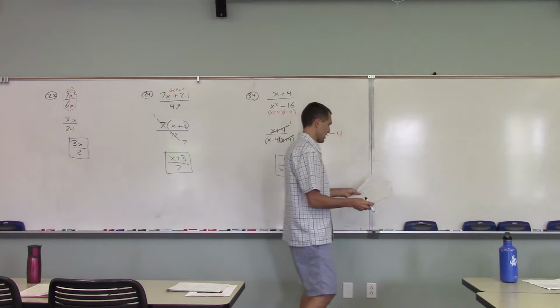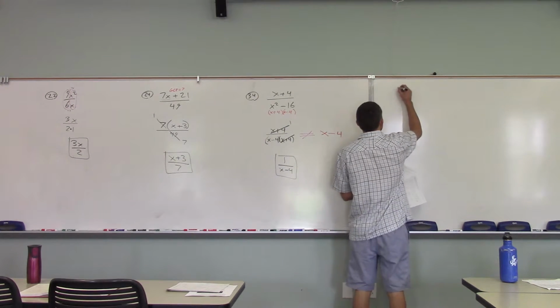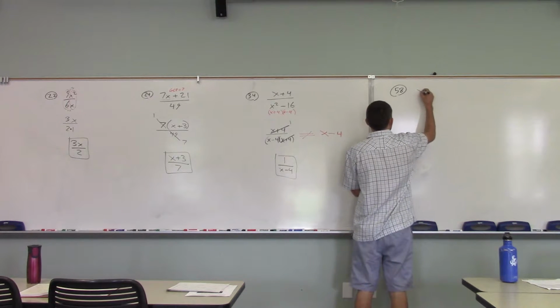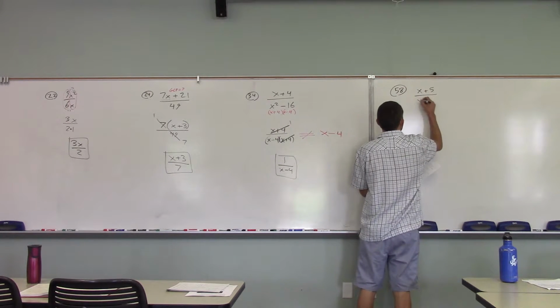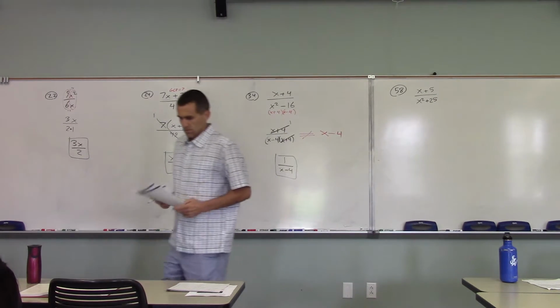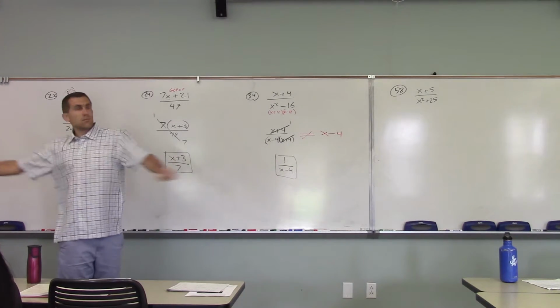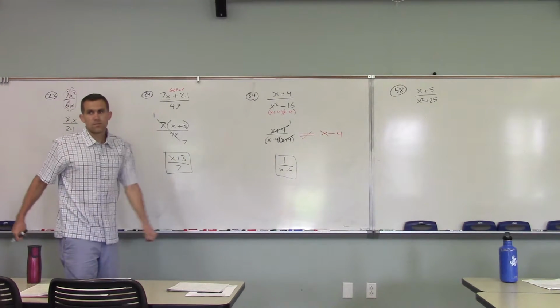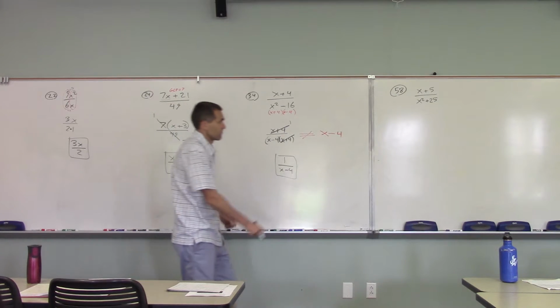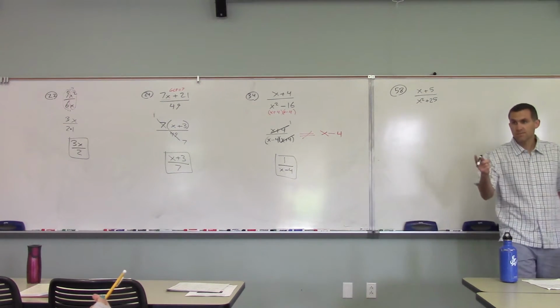What if we had, can't remember what number it is, 58. It'd be 1 over x minus 5. You can't simplify.